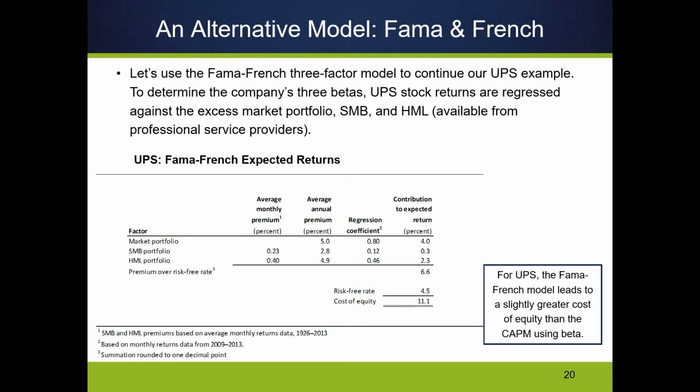Again, it's a little more complicated of a regression because we have three different factors, categories that we're regressing on. But we can see the relationship here in the Fama French three-factor model, and we get a cost of equity of 11.1%, which is a little higher. Remember CAPM back at the beginning of the lecture, we estimated the cost of equity using CAPM at about 8%. And so it's slightly higher, but not insane. And that's about what we expect.